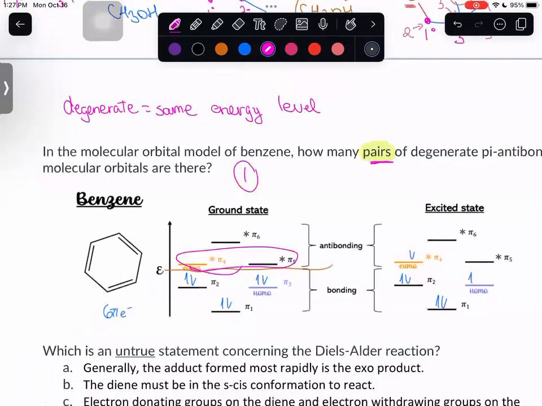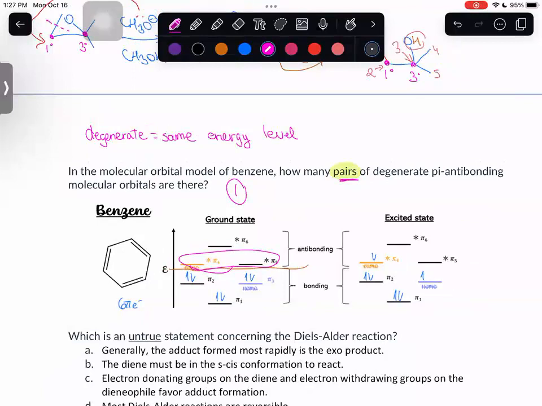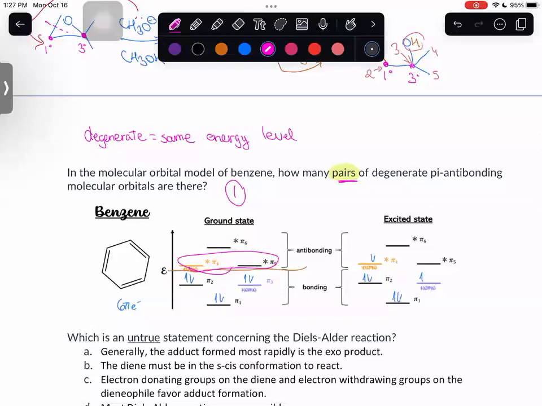So that's why it's gonna be only 1 pair. If you don't see pair, then the answer should be 2. Is the energy level the same from pi 3 and pi 4? No. Pi 2 and pi 3, yes, those two are the same energy level.